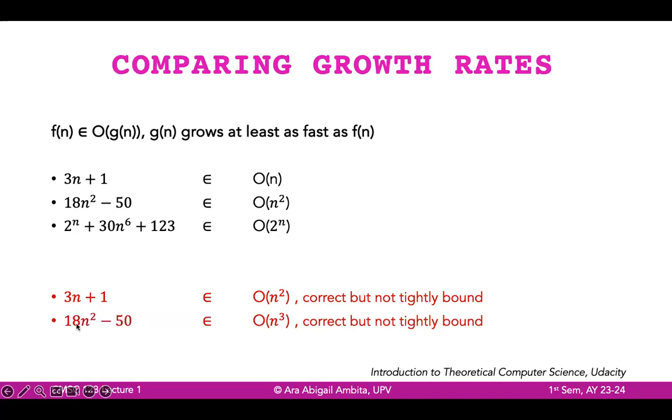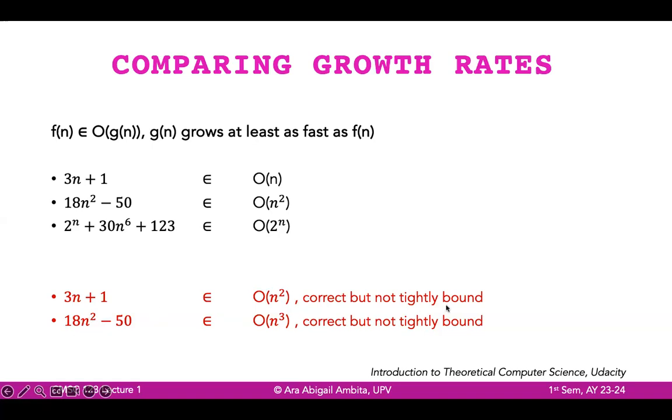What about 18n squared minus 50? If you remember, we will only focus on the necessary part, so we will be left with n squared. So it will also be bounded by O of n cubed. So n squared will be bounded by n cubed. It is also correct because n cubed will grow at least as fast as n squared.